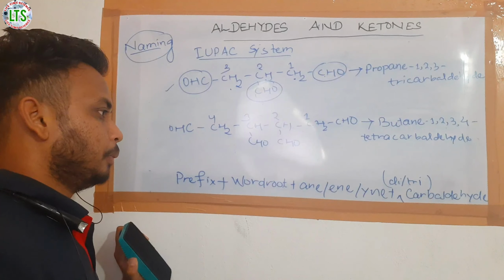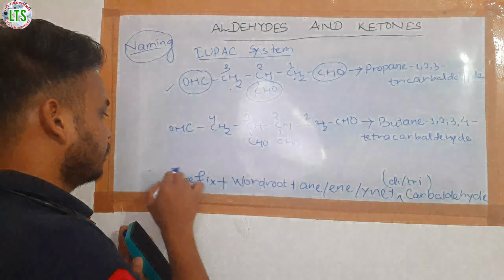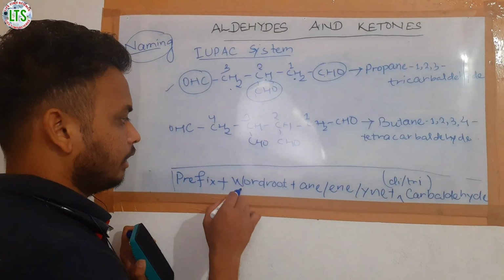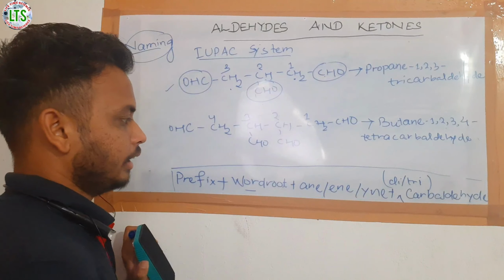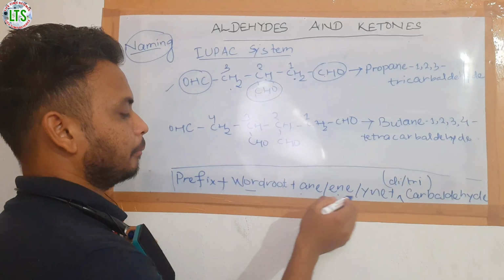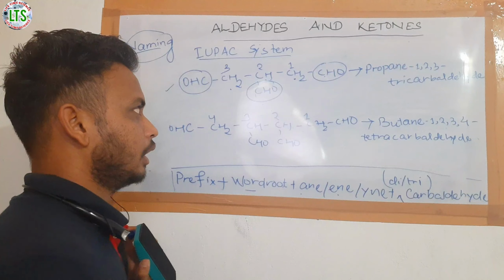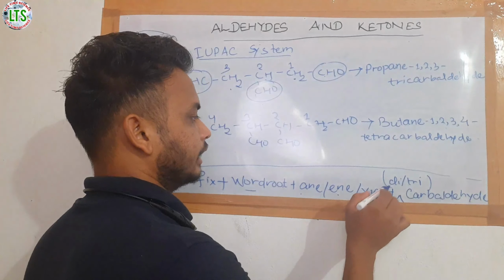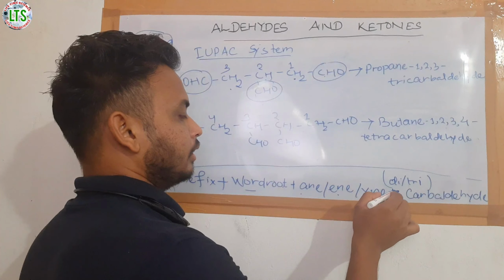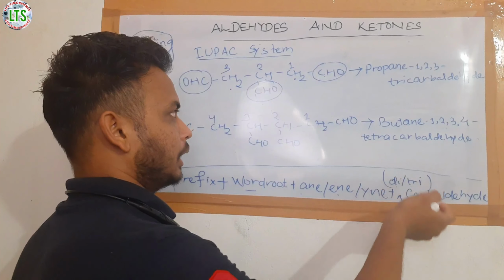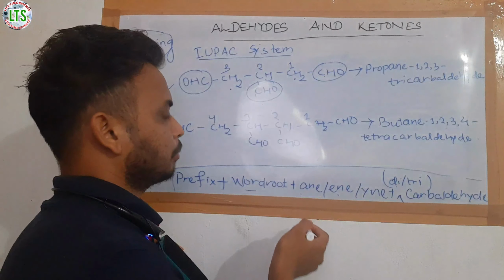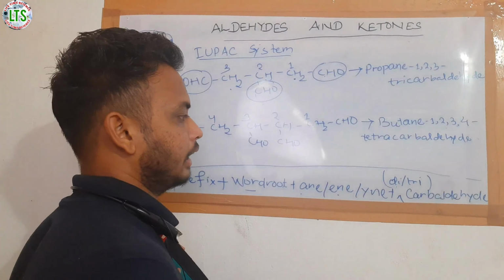So the procedure of this naming is, first we have to write the prefix, then word root, then ANE or YNE or ENE according to the bond. Next is di or tri or tetra according to the number of CHO groups or aldehyde groups.